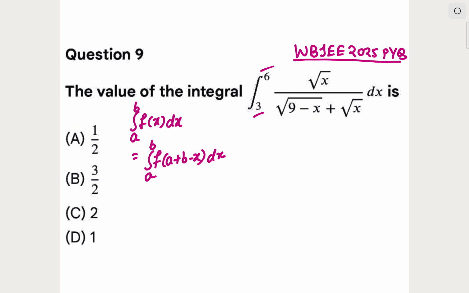So if we are trying to solve it, then do like this. Just do nothing but apply the King's rule. So for this question, it will be still from 3 to 6, but replace x.